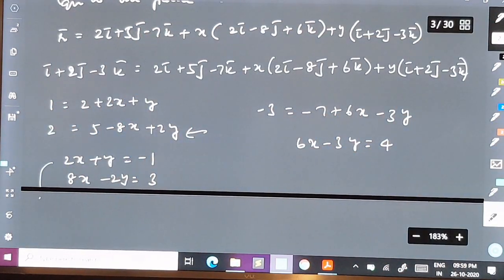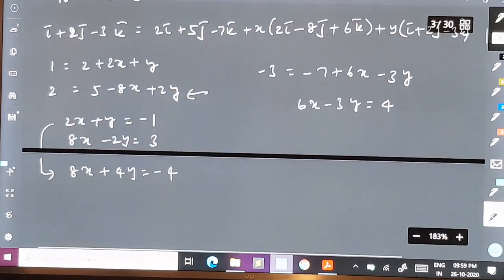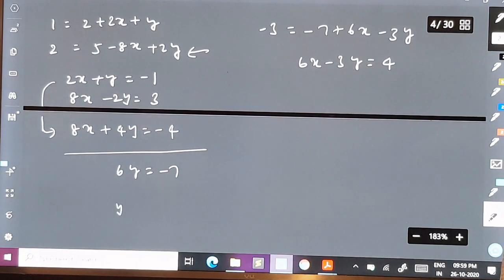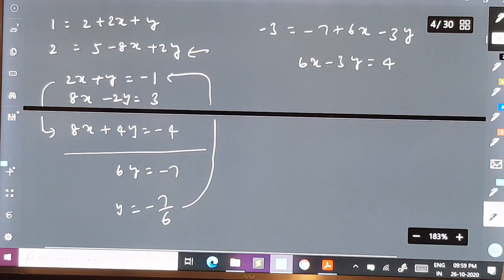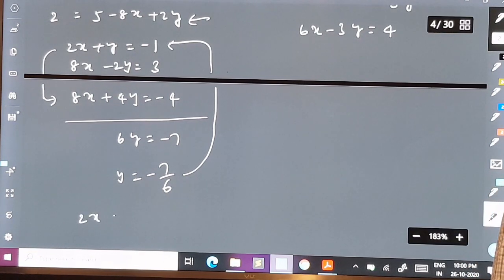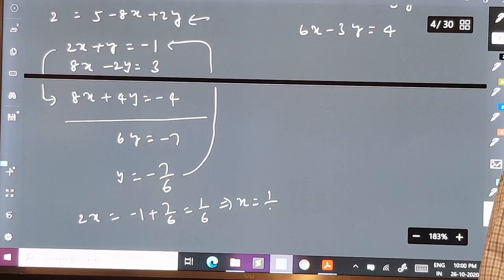So multiplying this by 4, I will have it as 8x plus 4y is equal to minus 4. So subtracting, I have 6y is equal to minus 7, or from this I have y equal to minus 7 by 6. Using this y value back here in this equation, I have 2x is equal to minus 1 plus 7 by 6, which is 1 by 6, or I have x is equal to 1 by 12.